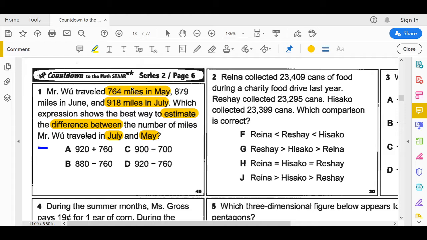So we're going to be working with these two numbers, 764 and 918. A good estimate for 764, if I round it to the nearest 10, will be 760.